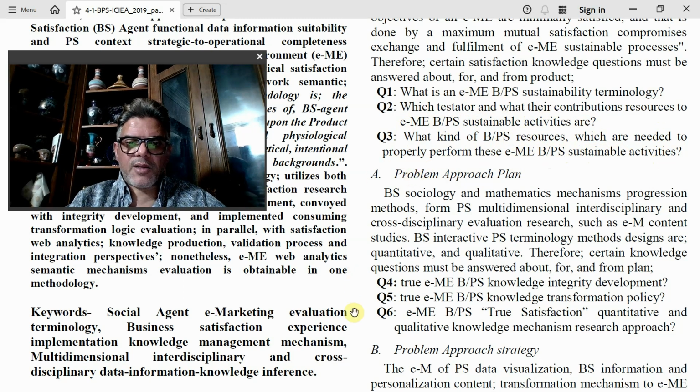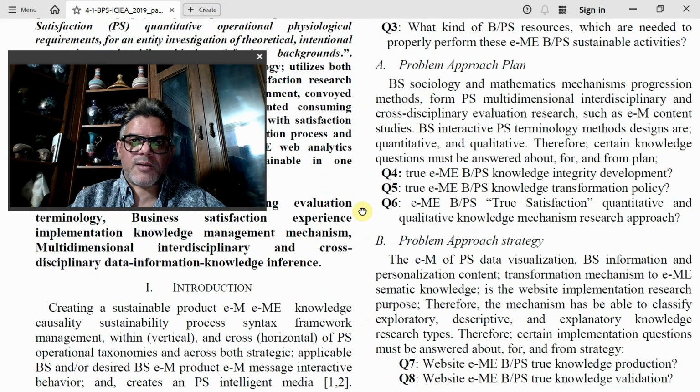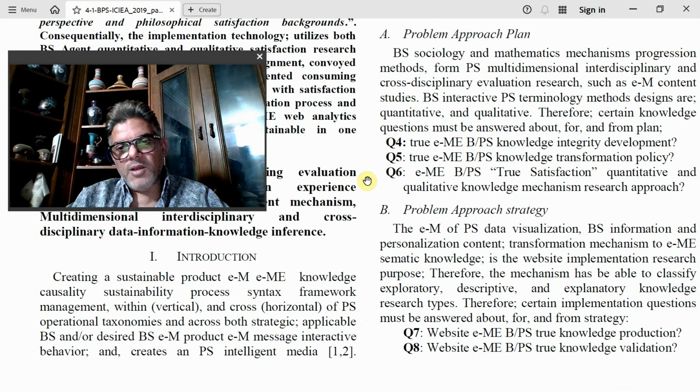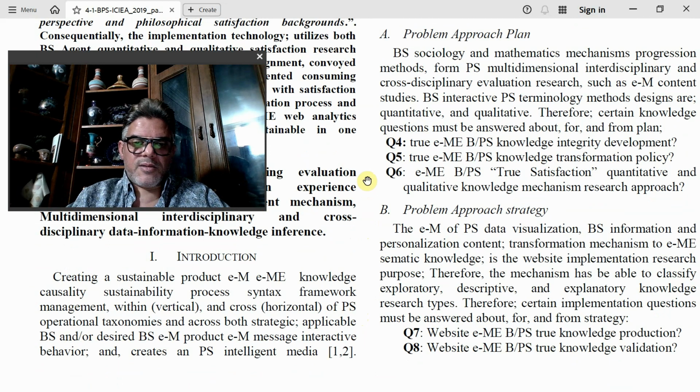But then this is my first paper. You're going to find the plan and approach that we have been talking about. And this is a major shift in how to make and search in the true satisfaction papers.